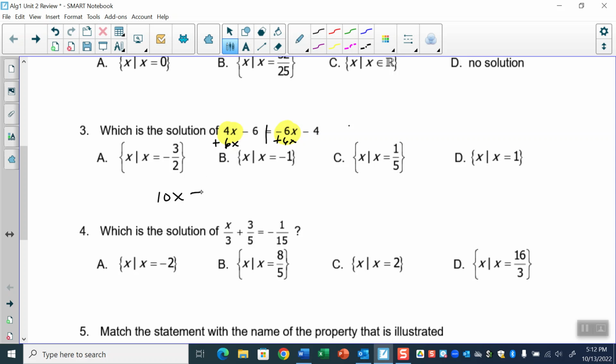And then I'm going to bring down the -6 equals -6x plus 6x, that adds up to 0. And then I'll bring down the -4. And I'm going to try to get the x by itself by adding 6 to both sides. So 10x equals 2. Divide by 10, divide by 10. So x equals 2/10, which reduces to 1/5. So here we go.